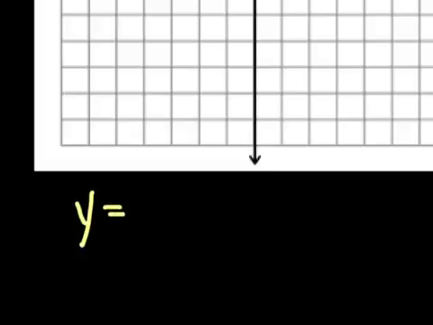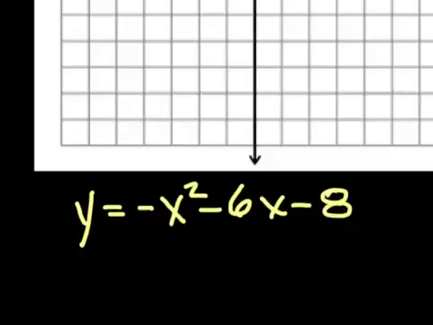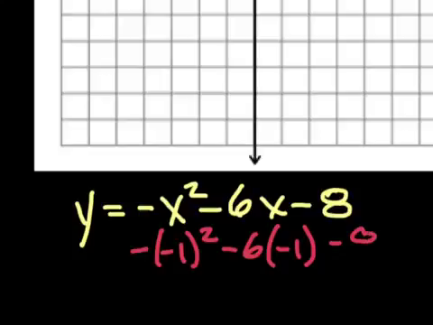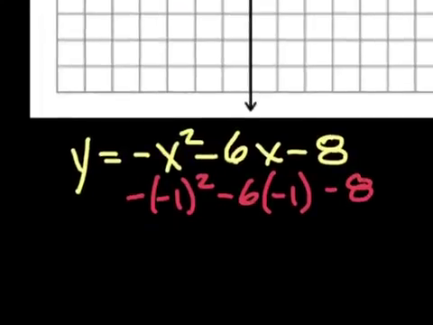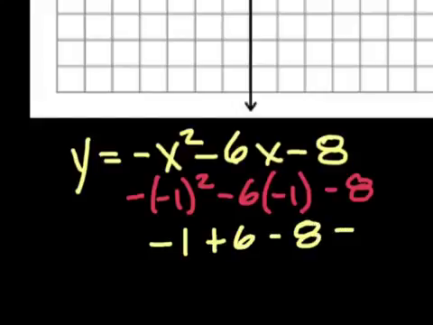So the original equation was -x squared minus 6x minus 8. And if I put in a -1 for that, then I'm going to come back with -(1 squared) minus 6 times -1 minus 8. And that's going to be -1 plus 6 minus 8, which would be -3. Did anybody get that? Alright, so then if you put -1 in, you have to go back through and put in -5.